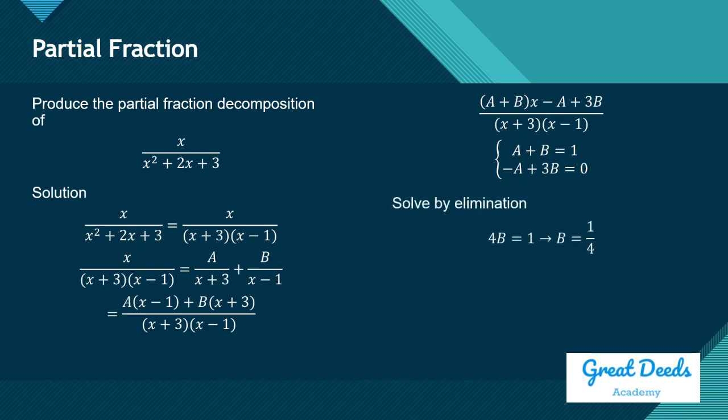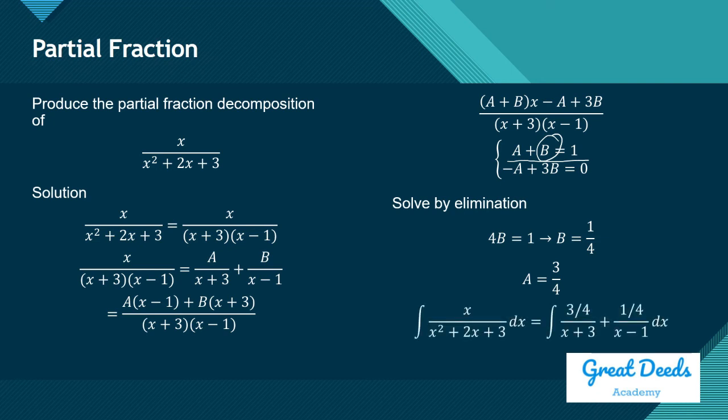Now, if b is equal to 1/4, then a can only be equal to 3/4. We now have values for a and b. a is equal to 3/4 and b is equal to 1/4.